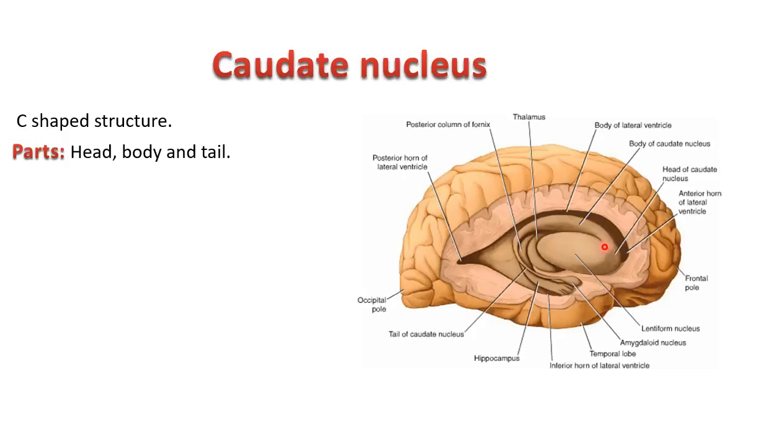Okay, now if you carefully examine this caudate nucleus, it is intimately related to the cavity of the telencephalon called the lateral ventricle. This part is the central part of the cavity of the lateral ventricle. The cavity shows extensions.